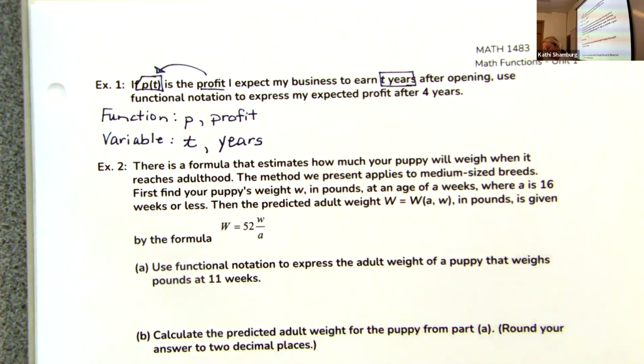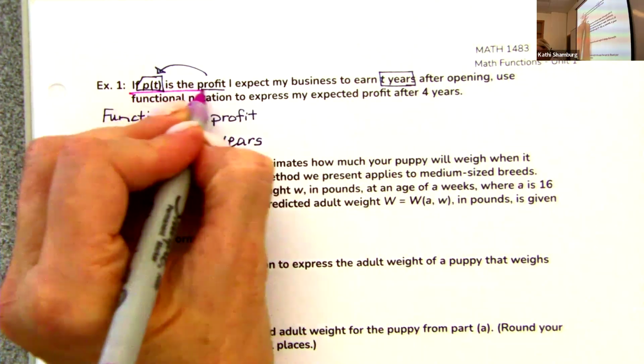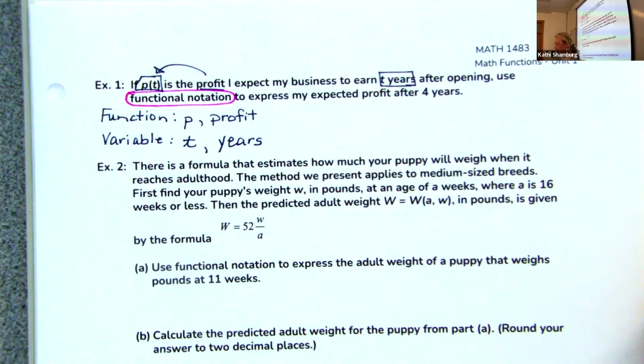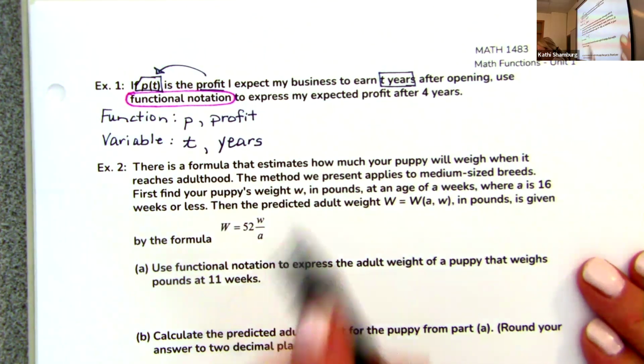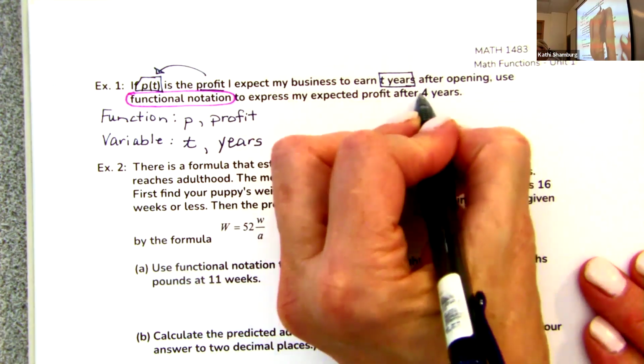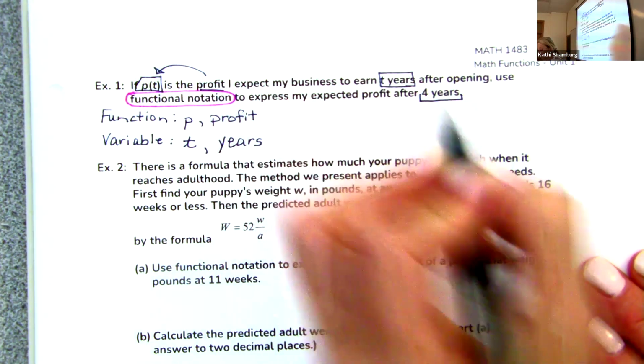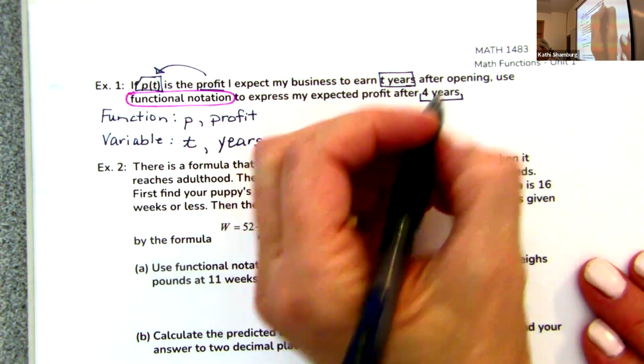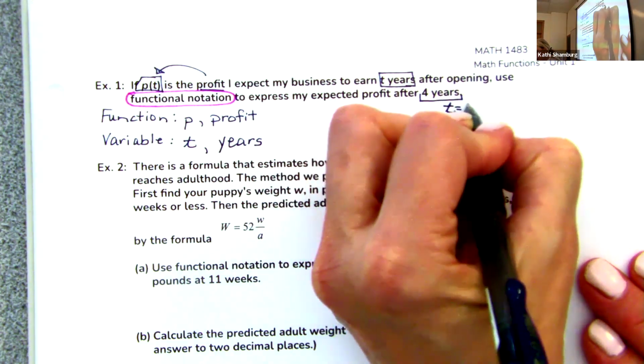Now, here's the actual question being asked. It wants me to write in functional notation to express my expected profit after 4 years. All right, well, what is this? How would I define that? The variable. That's my variable. So we know T is equal to 4.